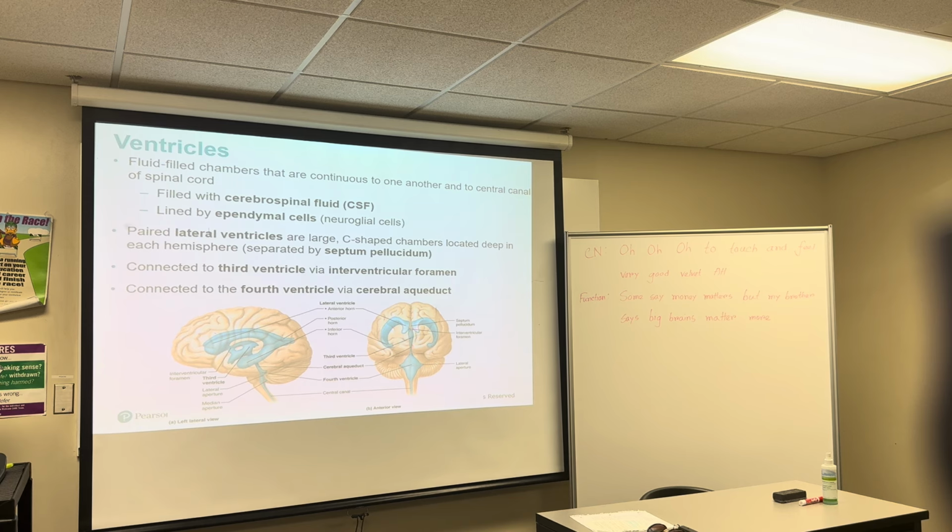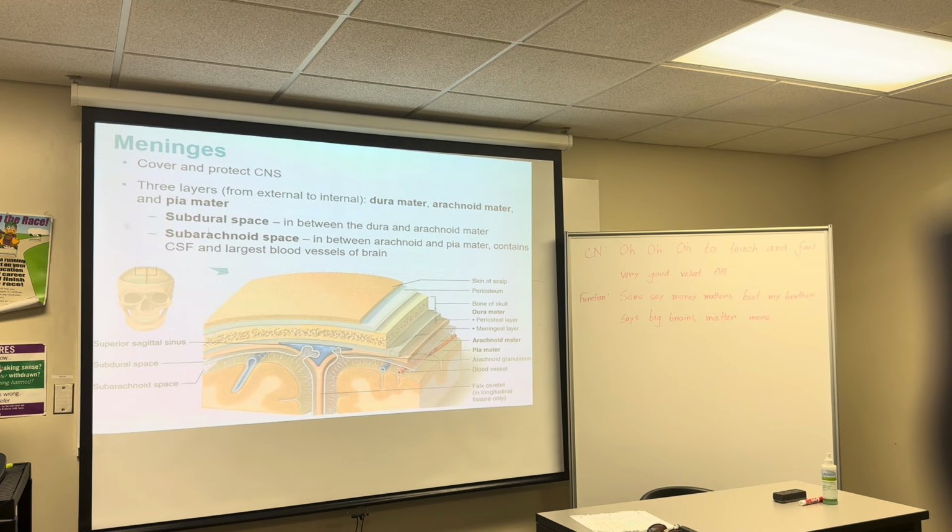Interventricular foramen, through the interventricular foramen. From the third ventricle to the fourth ventricle, they can pass through the cerebral aqueduct. And from the fourth ventricle, they go to the what? Central canal. Okay. So that is how your cerebrospinal fluid is circulating through all these ventricles.